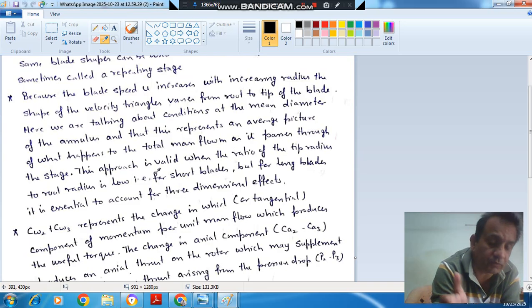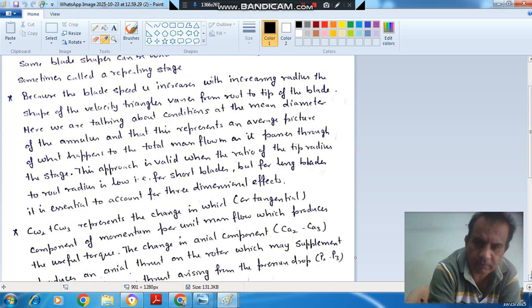This approach is valid for short blades because for short blades the root radius and tip radius will be approximately the same. But if these blades are large, then root radius and tip radius will be different, and then we have to go for three-dimensional analysis. Now we are considering only two-dimensional analysis. This approach is valid when the ratio of tip radius to root radius is low, or for short blades, but for long blades it is essential to account for three-dimensional blade effects.